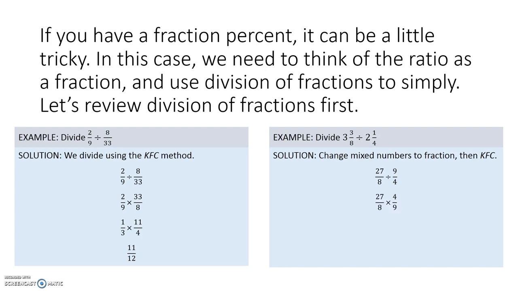KFC gives us 27/8 times 4/9. Check for any cross factors. We have a cross factor of 9 for the 27 and the 9, and we have a cross factor of 4 for the 4 and the 8. That gives us 3/2 times 1/1, which gives us a quotient of 3/2.